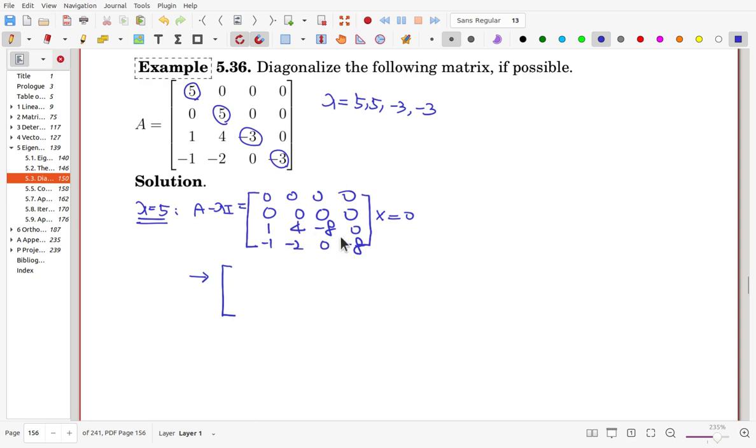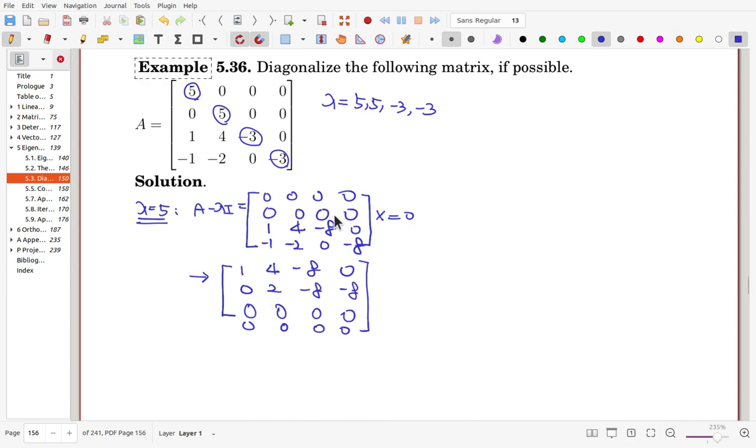We can move this one to the top: 1, 4, -8, 0. And we add it over there, then there will be 0, 2, -8, and again -8, and we have 2 zero rows. Now we can scale, then it will become 1.